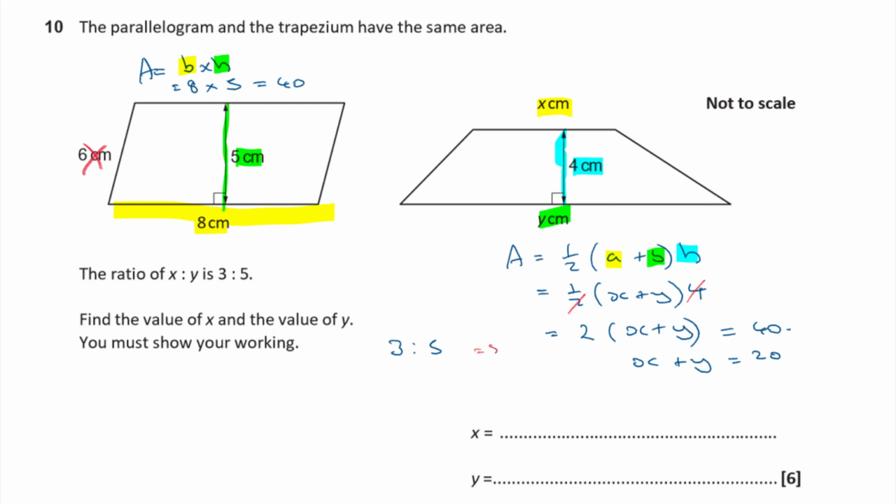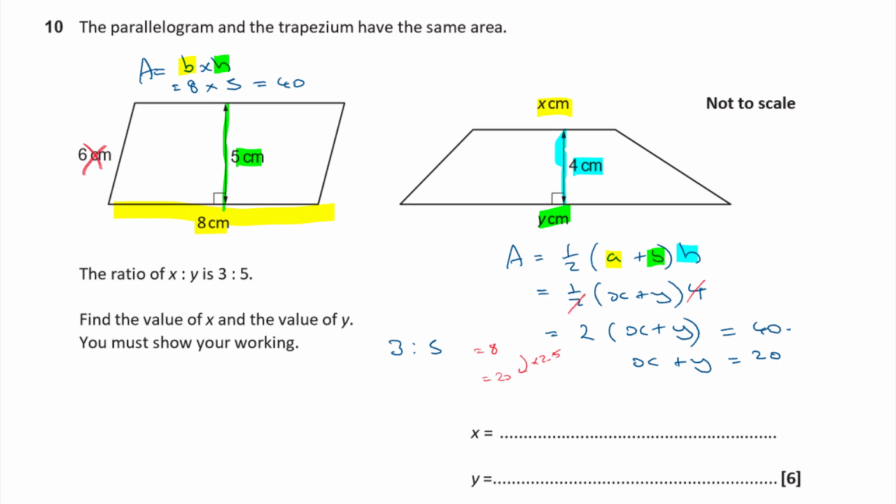So 3 plus 5 is equal to 8. Now I want the ratio parts to add up to 20. So what would I have to do to make the ratio parts add up to 20? I think I need to times it by 2.5, because 8 goes into 20 two and a half times. Double 8 gets 16, and half of 8 is 4, 16 and 4 make 20. So if I times it by 2.5, I'd get 20.